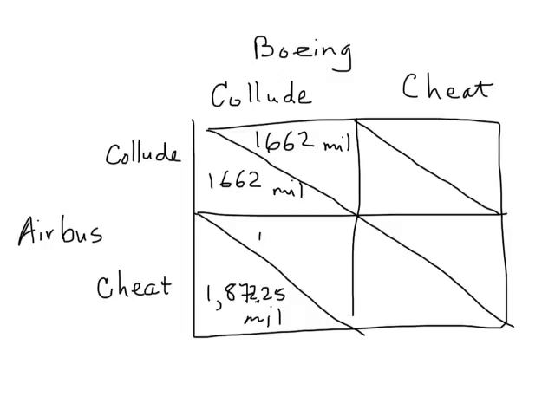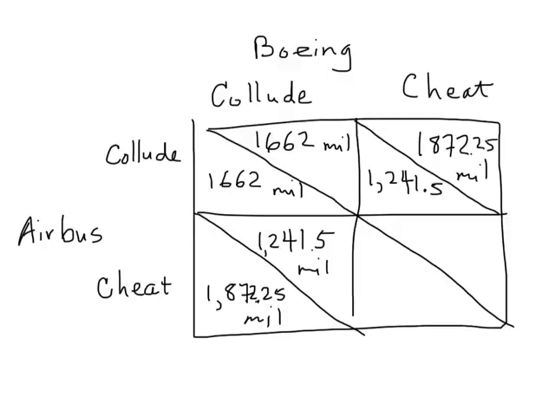And then in that case, Boeing would be making 1,241.5 million. Got it. And then it's just a symmetric game. So if the shoe is on the other foot, 1,241.5 and 1,872.25 million. We know where we're going to go.